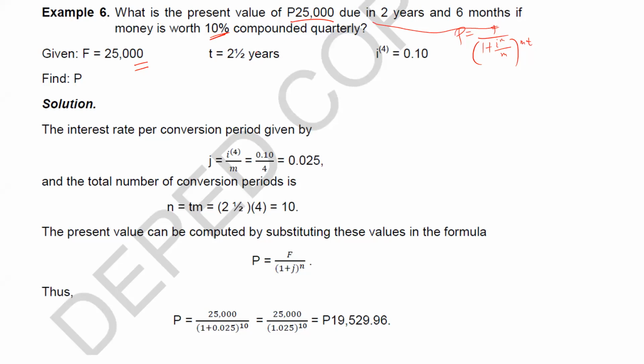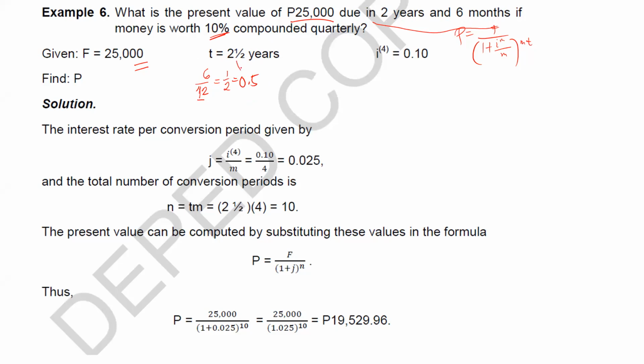Again, your T here should be in years. So how did it become 2.5? Your 2 years stays as 2. Now, the 6 months you can convert into years: 6 divided by 12, because there are 12 months in 1 year. So 6 over 12 is 1/2 or 0.5.